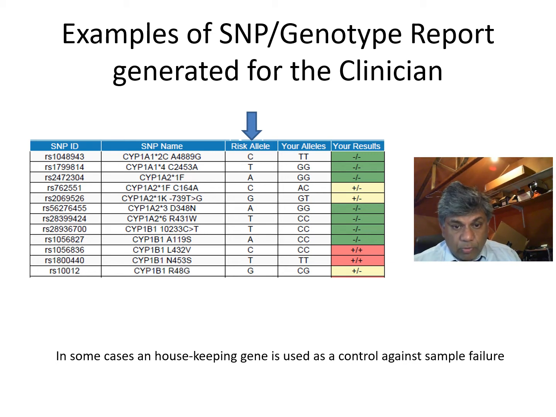For example, the top one says C is the risk if either allele has a C, and the next column shows what your actual genotype is from the test, so two T's on each chromosome, and what that means is that you're green, or there's nothing wrong with you.